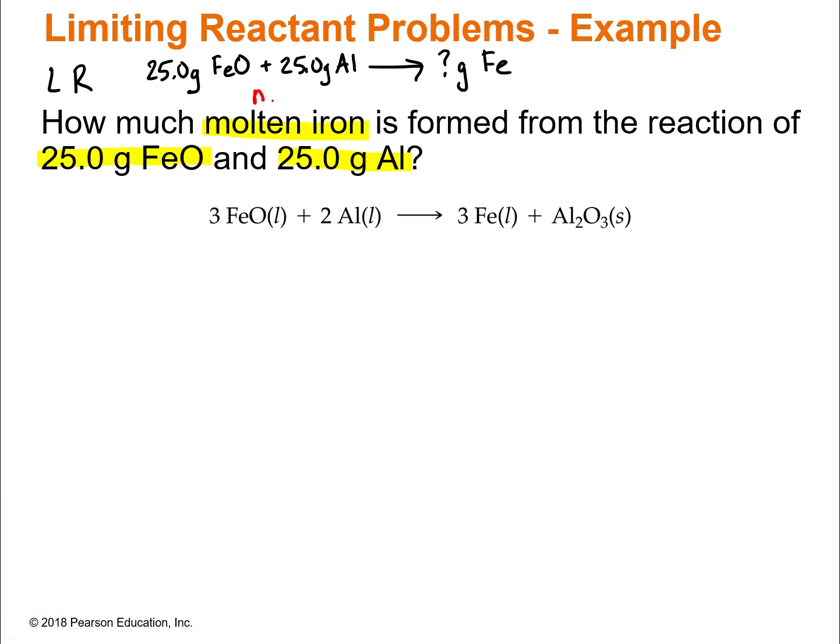I'm starting with mass. My question is asking for a mass. So that means this is a mass-to-mass problem coupled with the limiting reactant concept. So I'm going to have to do 2 mass-to-mass problems to figure out which one of these is my limiting reactant and how much molten iron I'll actually make.